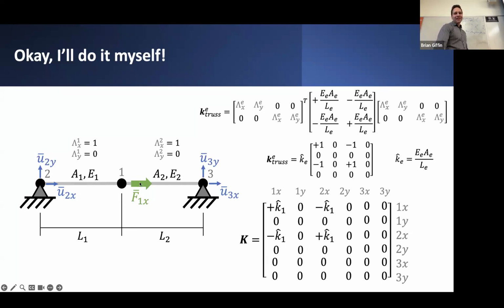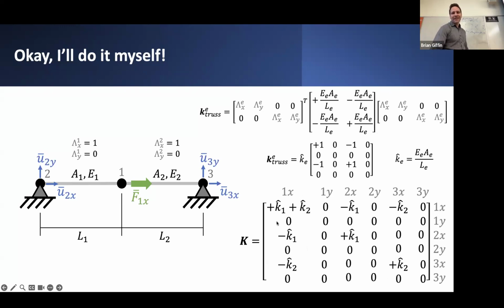So we'll sum in those entries for element stiffness matrix number 1 into those corresponding entries. And then we do the same thing for element 2, except it relates to nodes 1 and 3. So we're dealing with rows and columns 1 and 2, and actually 5 and 6. So that's why in our second step, when we sum the entries corresponding to the stiffness matrix contributions for the element stiffness matrix of element 2, they get summed into these corresponding locations.